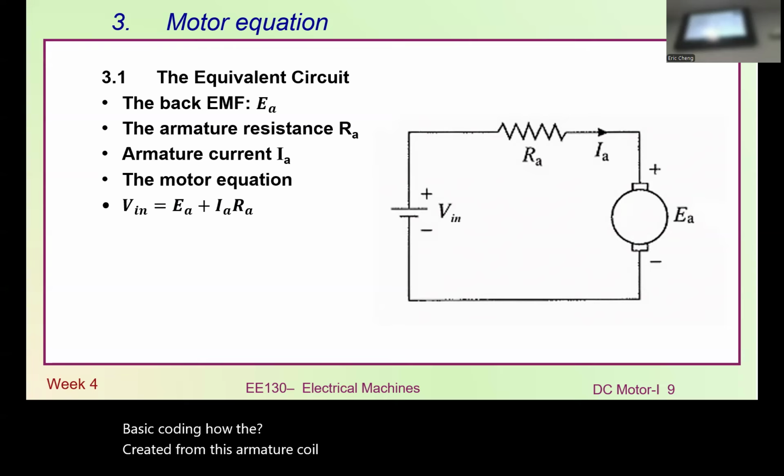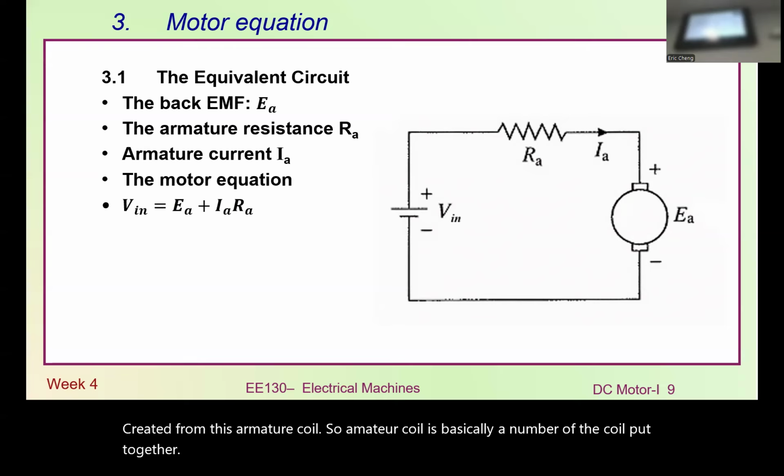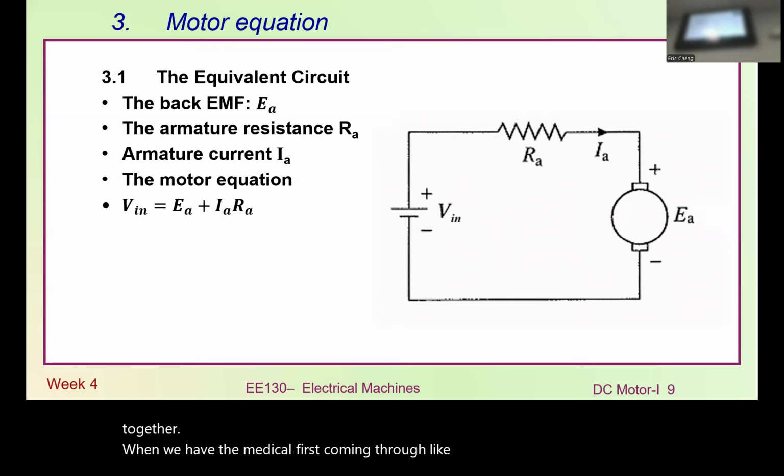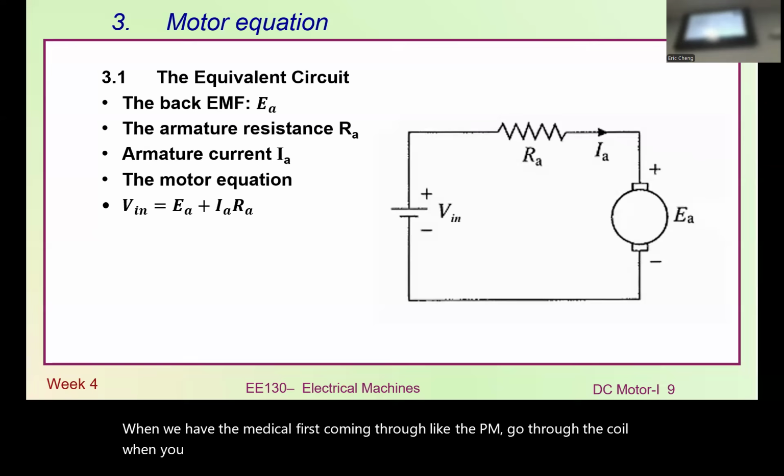The armature coil is basically a number of coils put together, and that creates the back EMF. When we have magnetic flux coming through, like the poles, going through the coil, when it rotates there is a change of magnetic flux that will create this voltage.